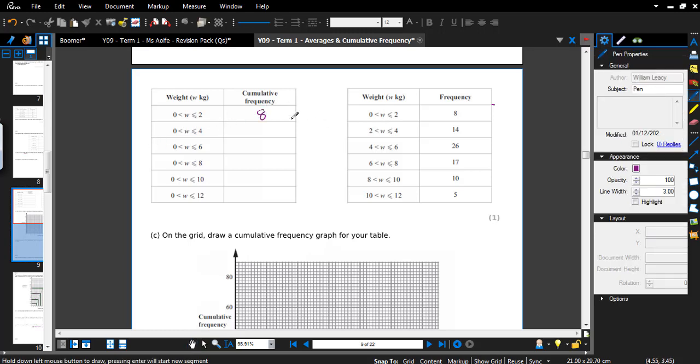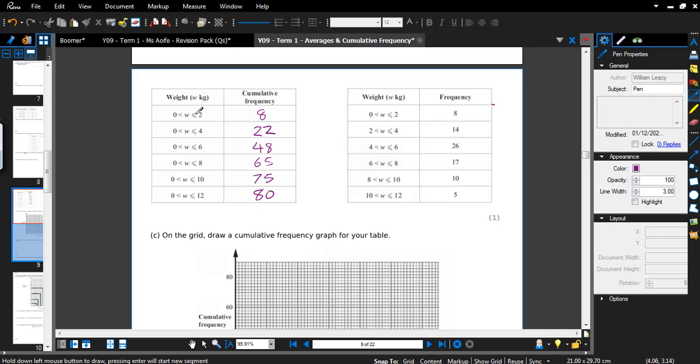Now from 0 to 4, that's 8 plus 14, which is 22. 0 to 6 would be 22 plus 26, which is 48. 0 to 8, you add 17, which is 65, and then you add 10, which is 75, and then you add 5, which is 80.